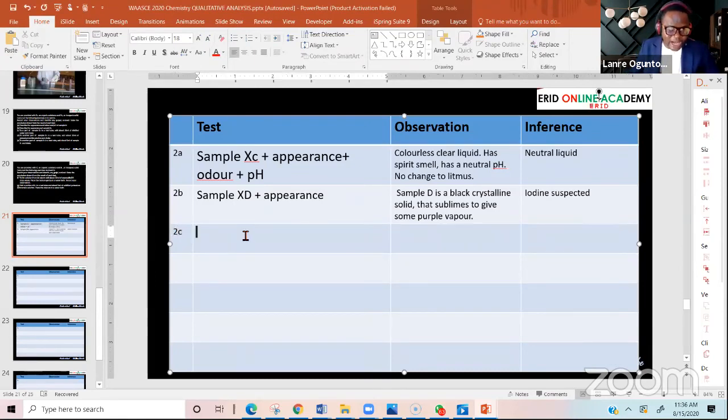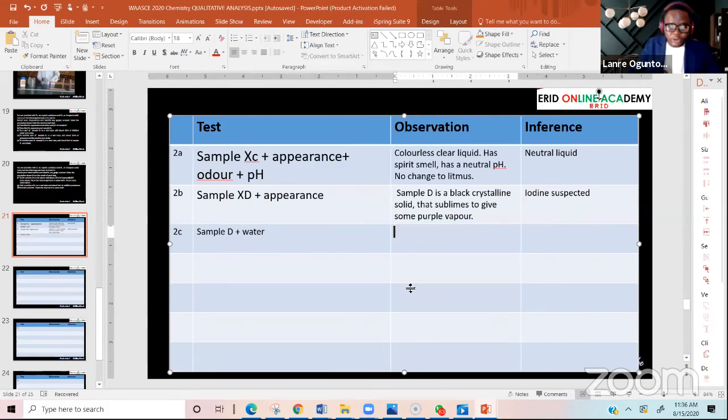In case you are asked to add sample D, let's say sample D plus distilled water, what should be your observation? Tell them that the solid is slightly soluble, or you may write insoluble.